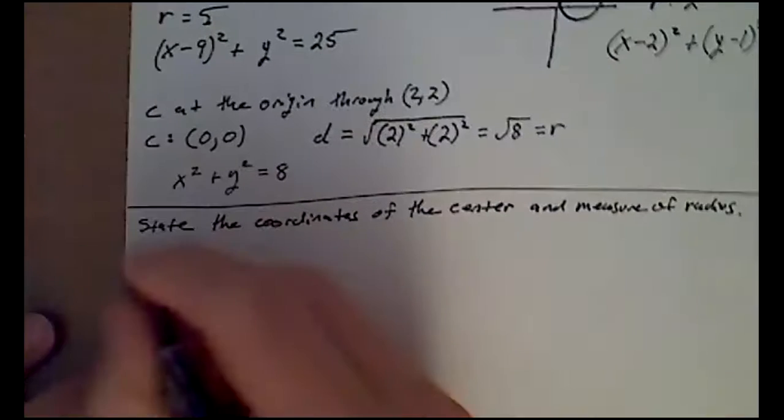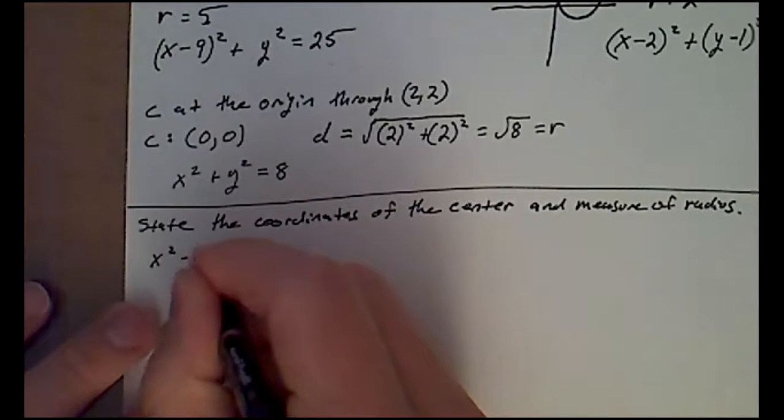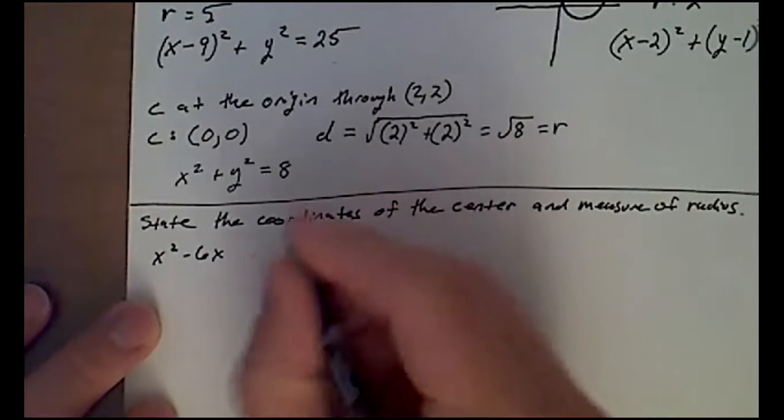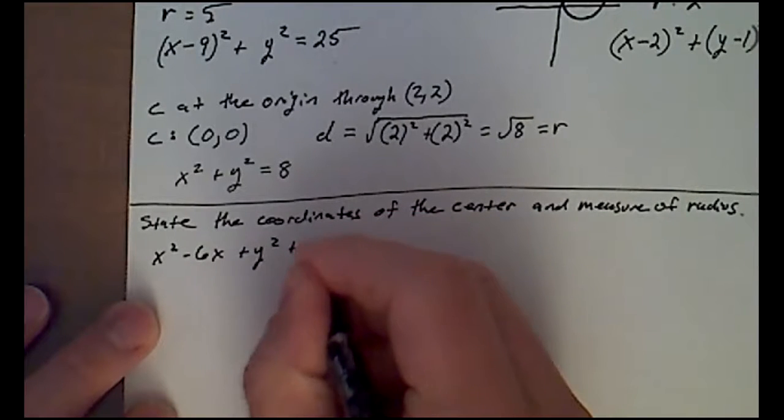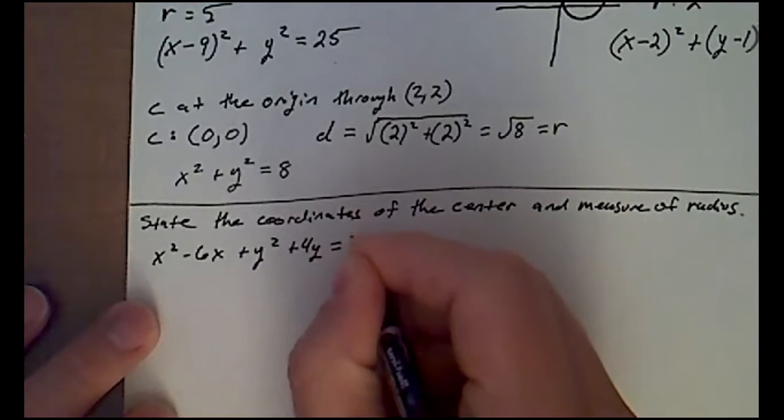All right. X squared minus 6x plus y squared plus 4y equals 3.